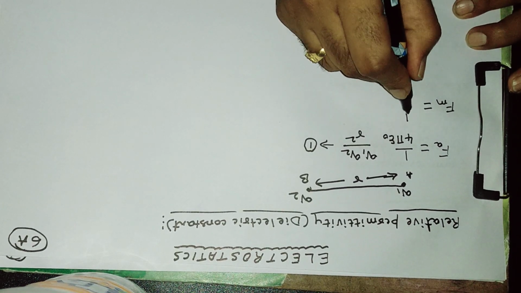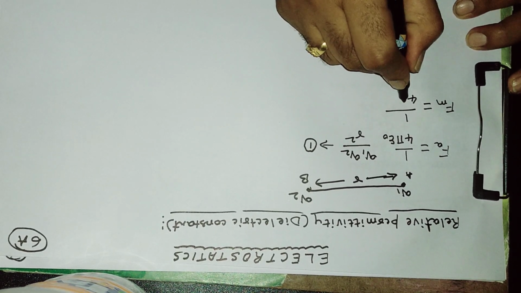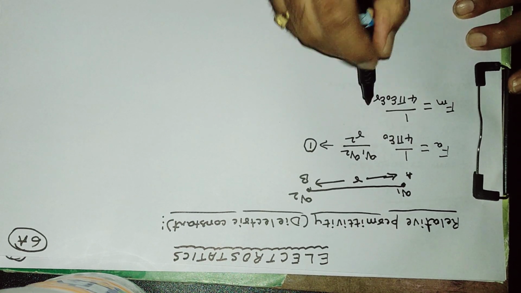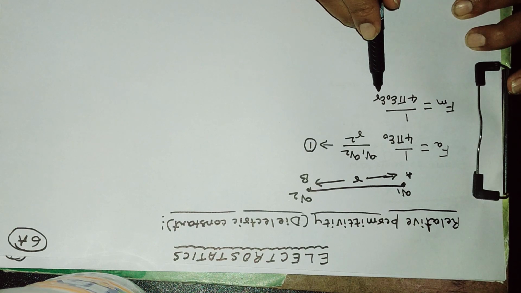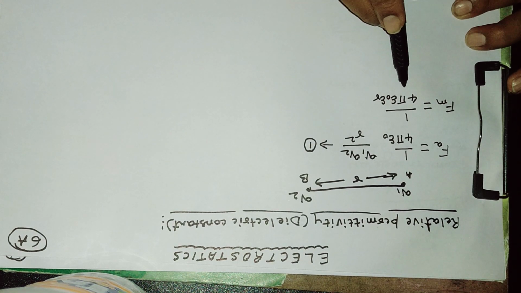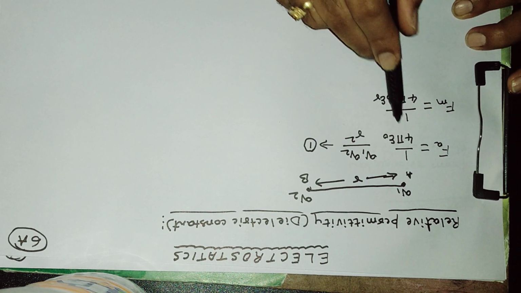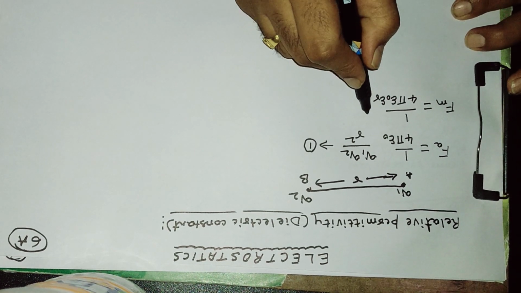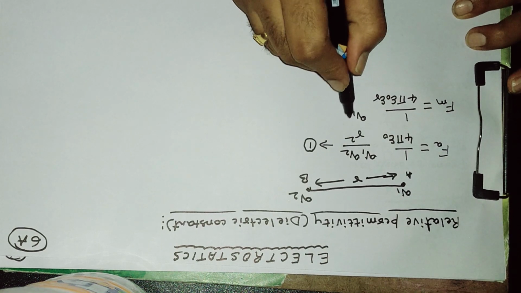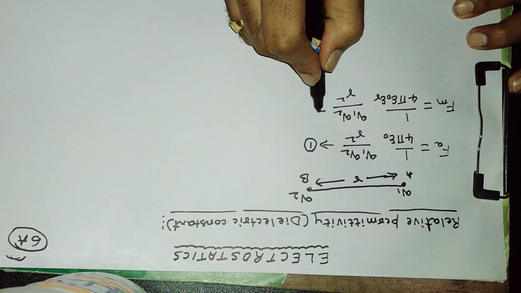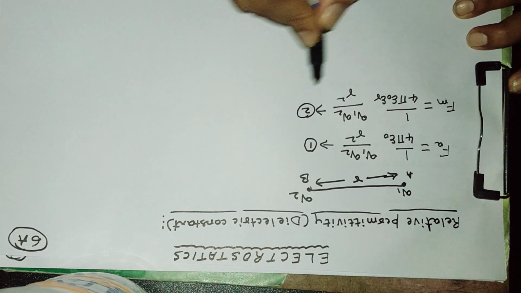It is given by 1 by 4 pi epsilon naught epsilon r into q1 q2 by r square. Remember, now epsilon r is also included for the medium, because in the previous case we left out epsilon r, since for the air medium epsilon r is equal to 1. Let me call this equation 2.